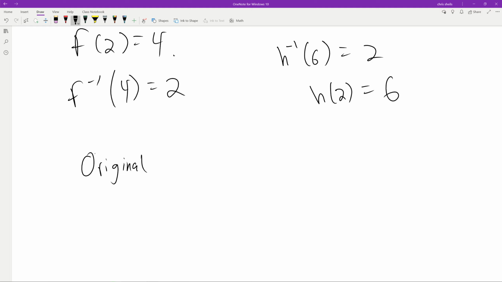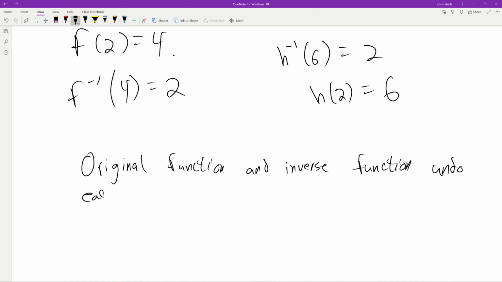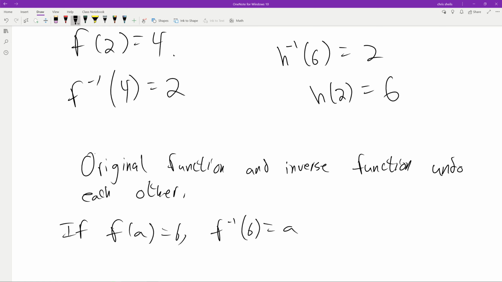This is very important. If f of a is equal to b, once again, we have that f inverse of b is equal to a. This returns us to our original input.